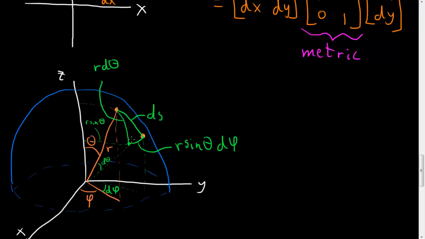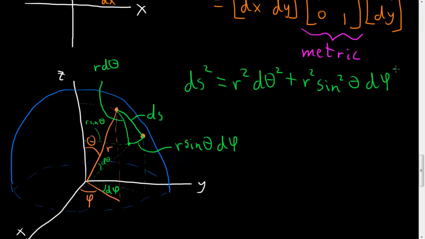In the limit as these small angles go to 0, we can approximately use the Pythagorean theorem again. That gives us ds squared is this leg of the triangle squared, r squared d theta squared, plus this leg squared, r squared sine squared theta d phi squared.